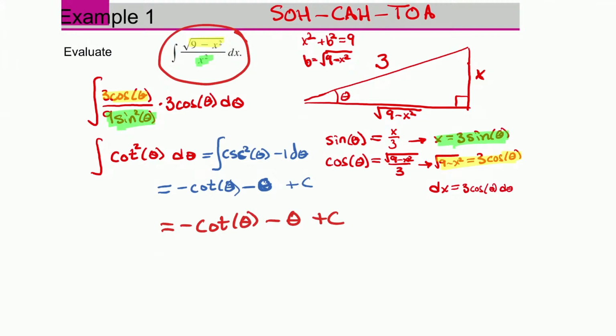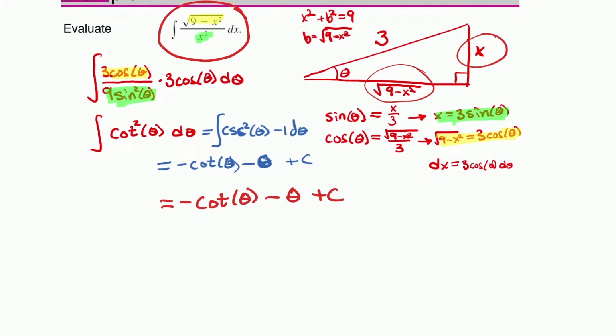Well, tangent is opposite over adjacent. Cotangent is the reverse, adjacent over opposite. So that's easy enough. Adjacent, square root of 9 minus x squared, over opposite. There's cotangent. Now you might say, what in the world do we do with theta?